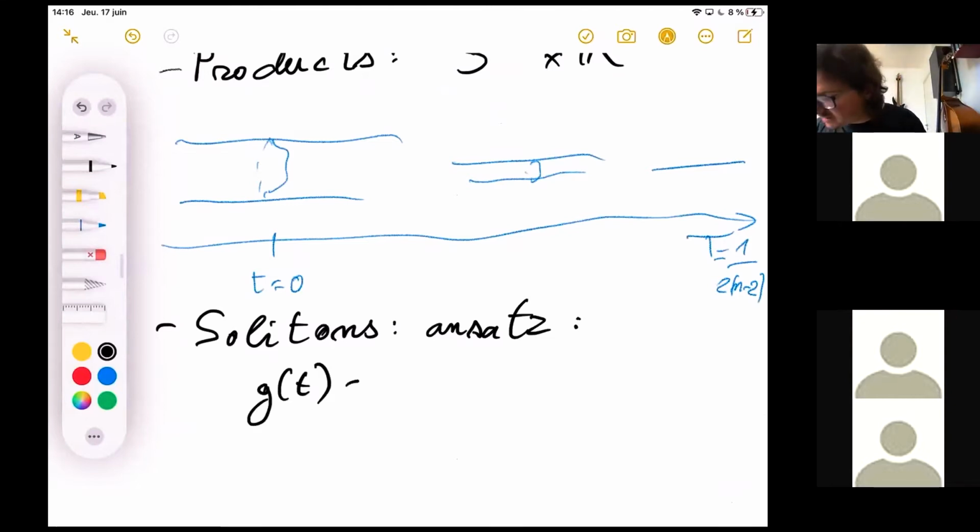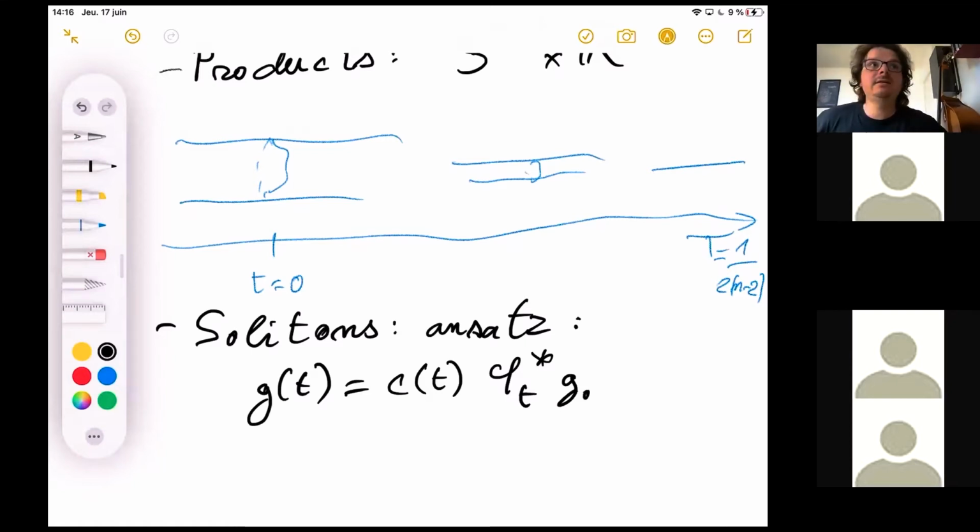It's that our metric here, g of t, is of the form c of t, a scaling factor, times a pullback by a one parameter family of diffeomorphisms of some metric. Basically, the metric seems to move, but actually it's just moving by scaling and a change of coordinates. But up to scaling, the geometry doesn't change. If you're looking in a fixed coordinate chart, you're looking in the wrong coordinate chart.